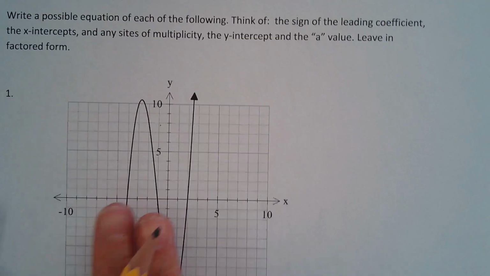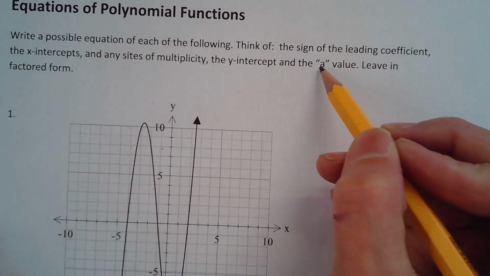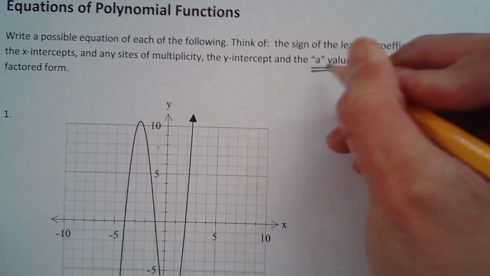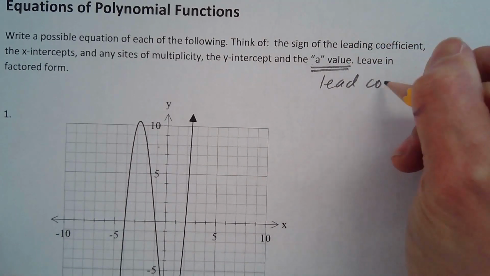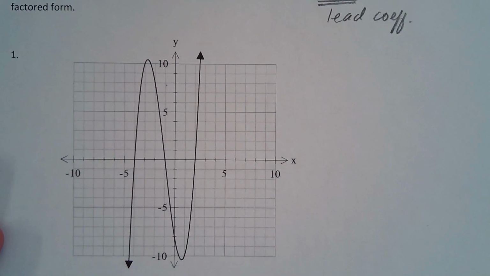So here's a graph, okay? What we need to do is think about the x-intercepts, some kind of multiplicity, the y-intercept, and then the a value, which is the leading coefficient.